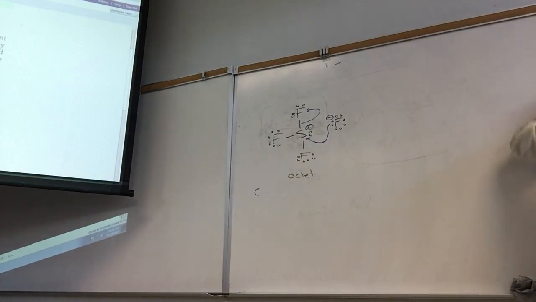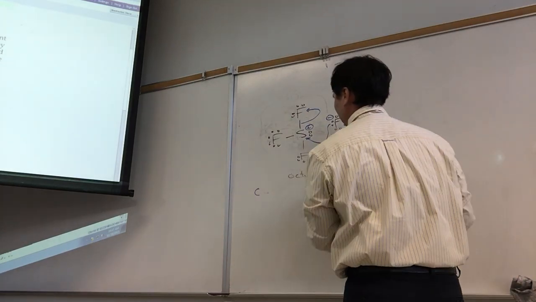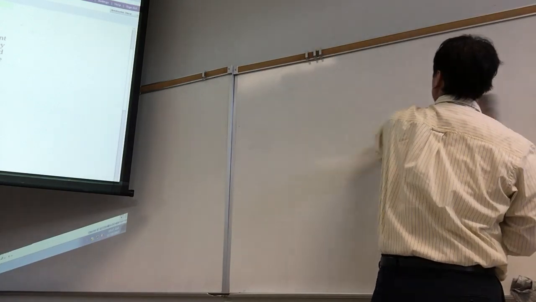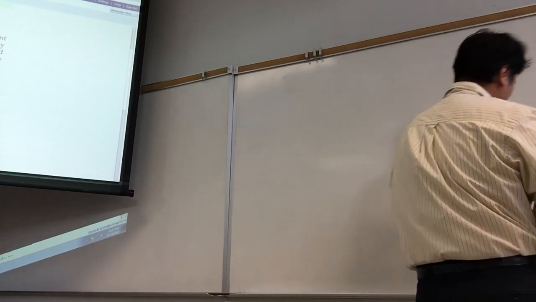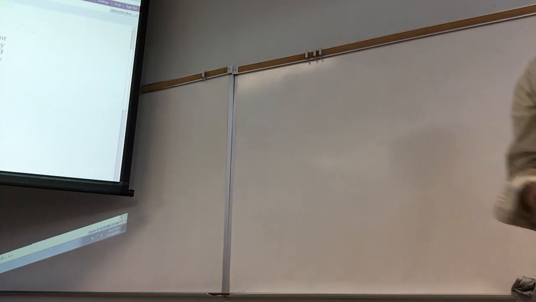How does one describe a bond in MO theory? Should be simple.